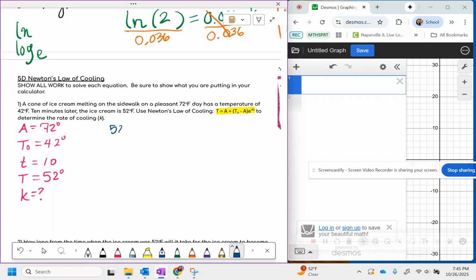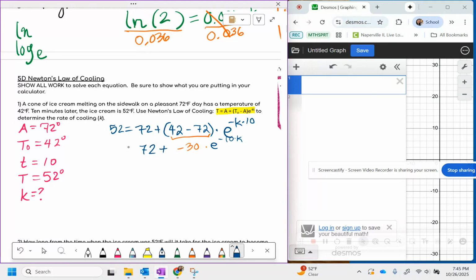So 52 equals 72 plus my 42 minus 72 times e to the negative k times 10, 10 minutes. I am just going to start by doing what's in the parentheses, and I'll just follow the order of operations here. And I'm going to change the negative k times 10 to negative 10k.